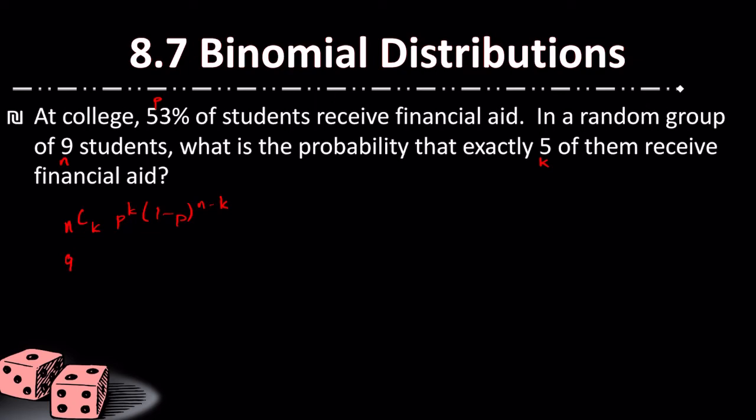We can put that all through the calculator and end up with 0.257. So about a quarter, a 25% chance of 5 of the students receiving financial aid.